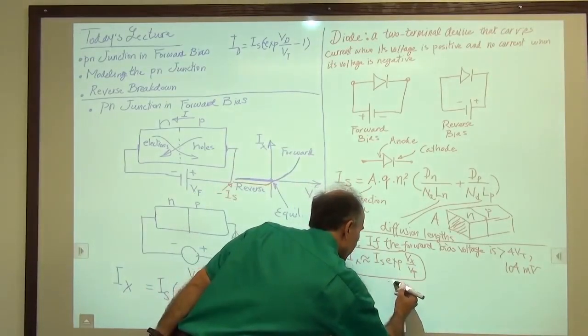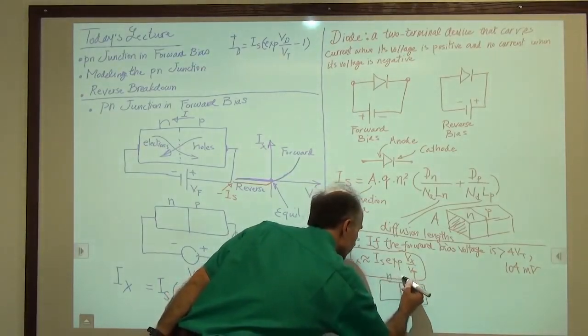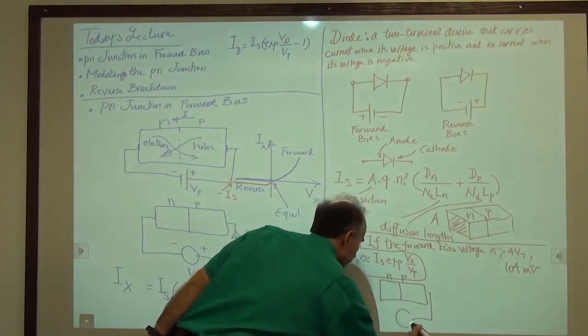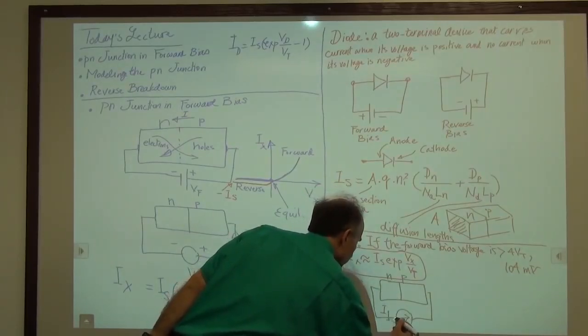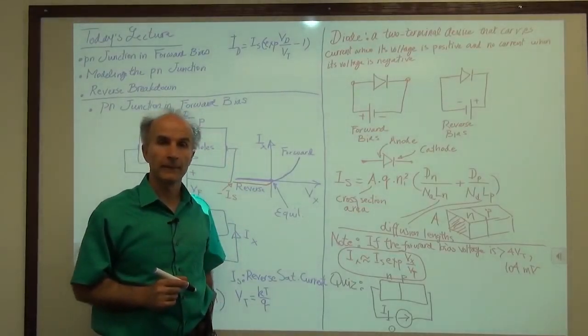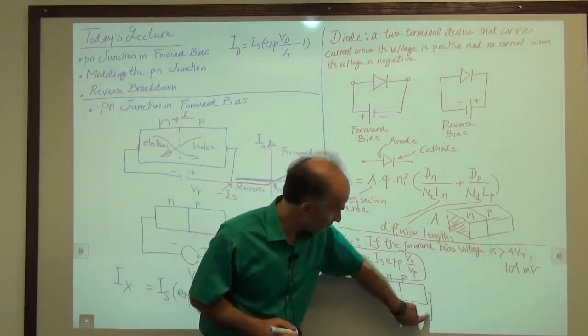We have a PN junction and we apply a current in this direction from outside, a constant current, call it I1. The current wants to create a forward bias because it wants to push this way.